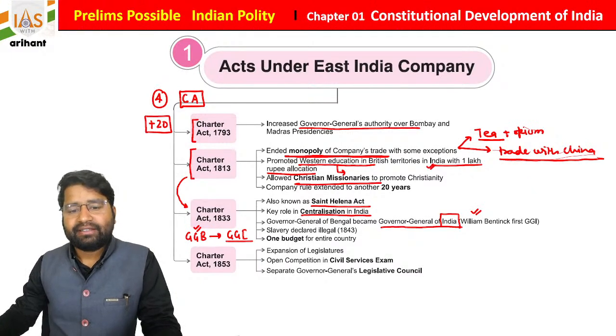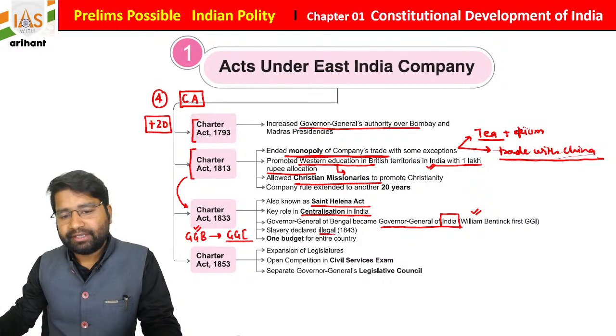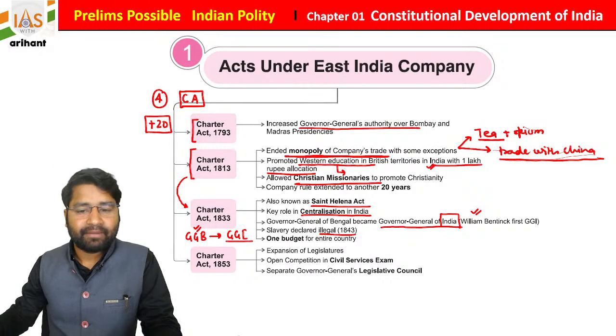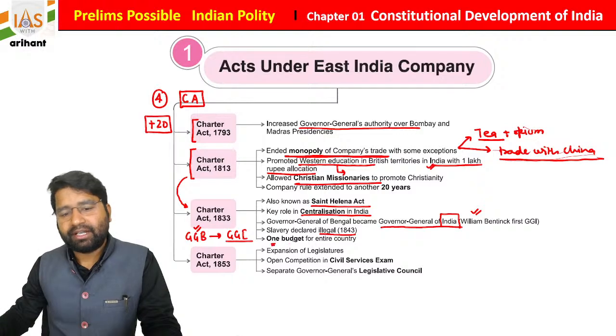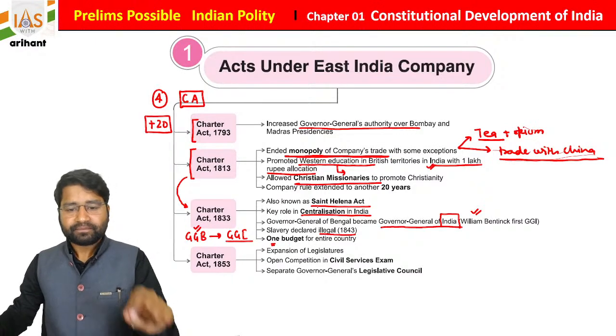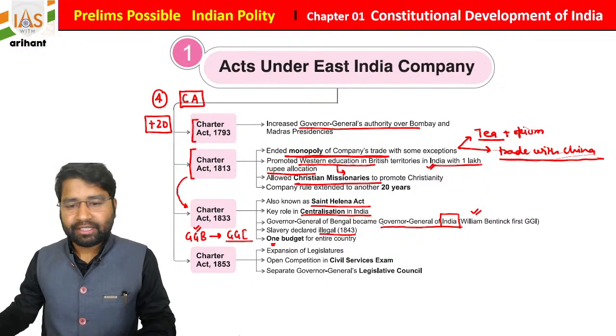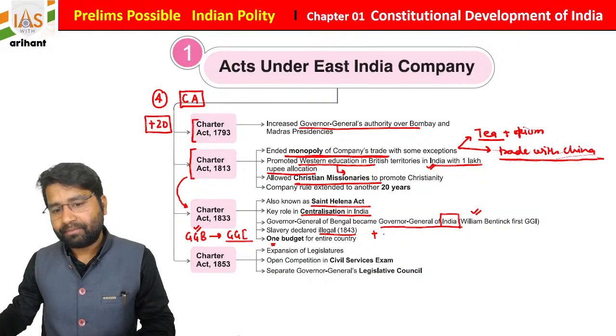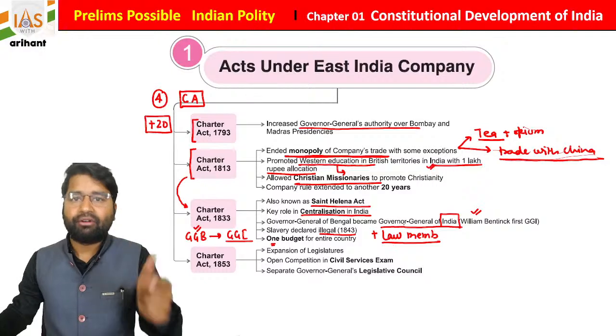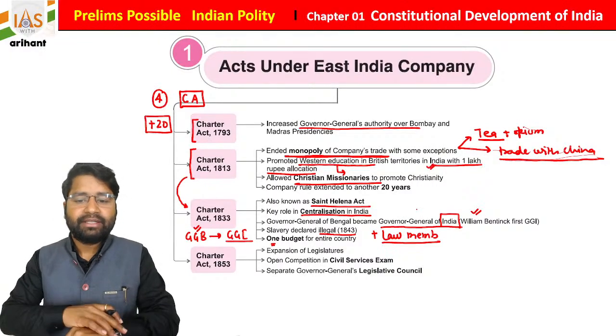They declared slavery illegal, and they introduced one budget for the entire country. A few more things took place, students. They added a law member in the Governor General of India's Council. Macaulay was the person who was part of it.